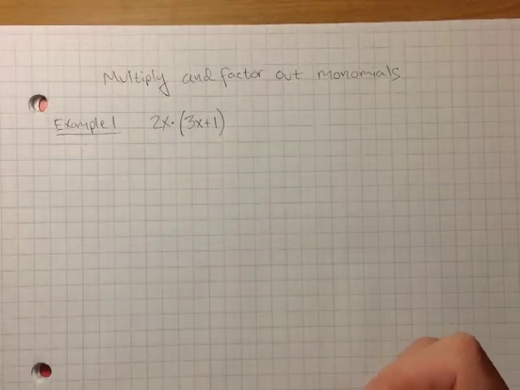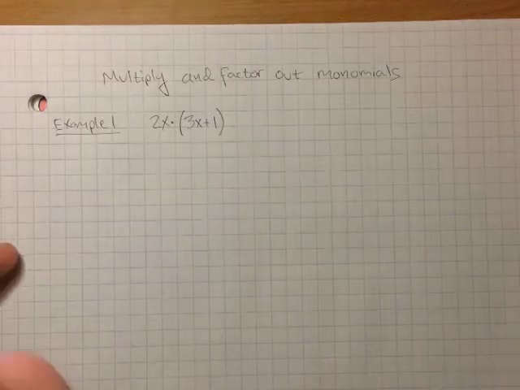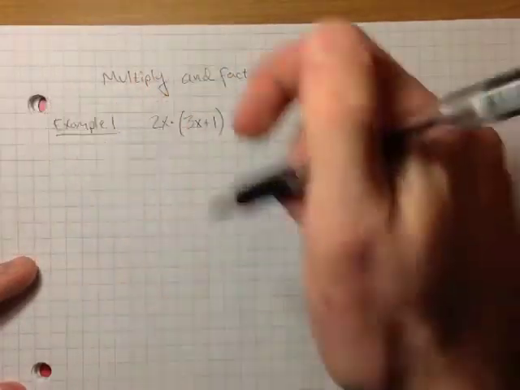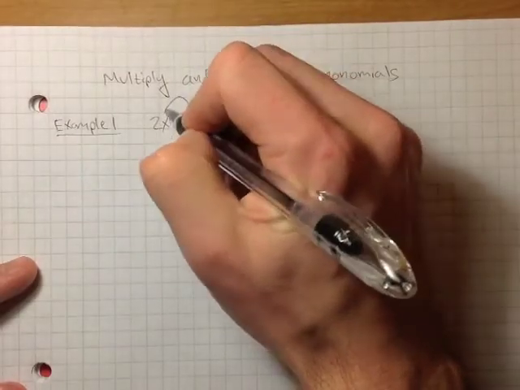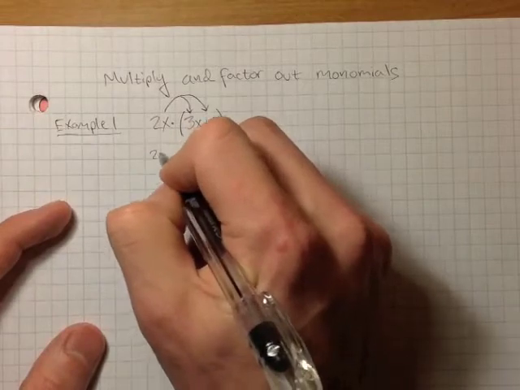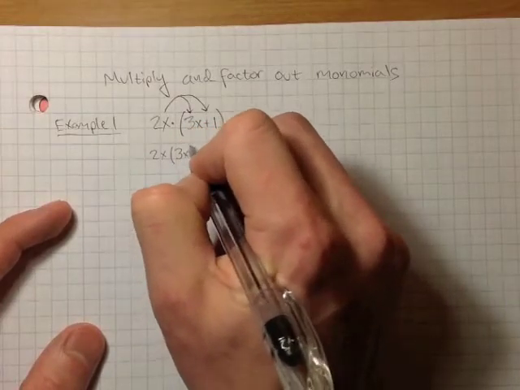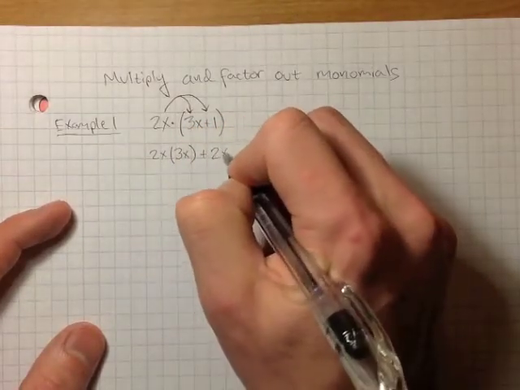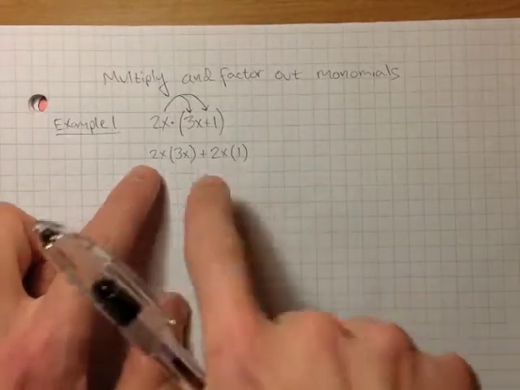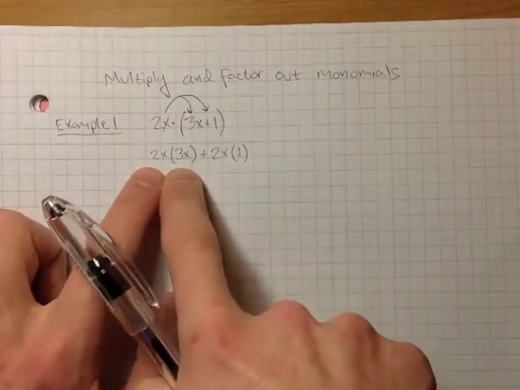Now in order to multiply this monomial, we need to distribute the 2x into the parentheses. You know that. So 2x times 3x plus 2x times 1. Now let's simplify this. This is what you were doing in the last chapter.